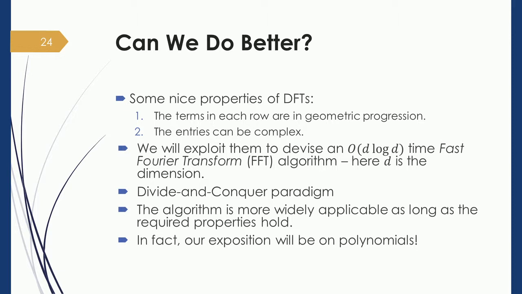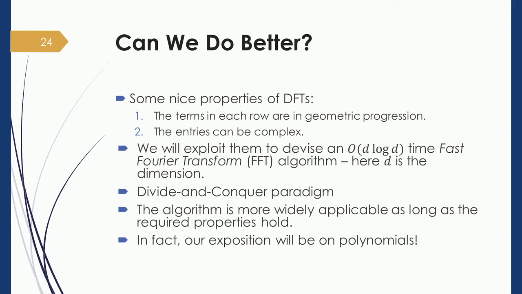And in some cases, in particular we notice this in discrete periodic functions and therefore, the discrete Fourier transforms that can be applied to discrete periodic functions, we will notice that this transformation matrix has some structure. In particular, the terms in each row will be in geometric progression.